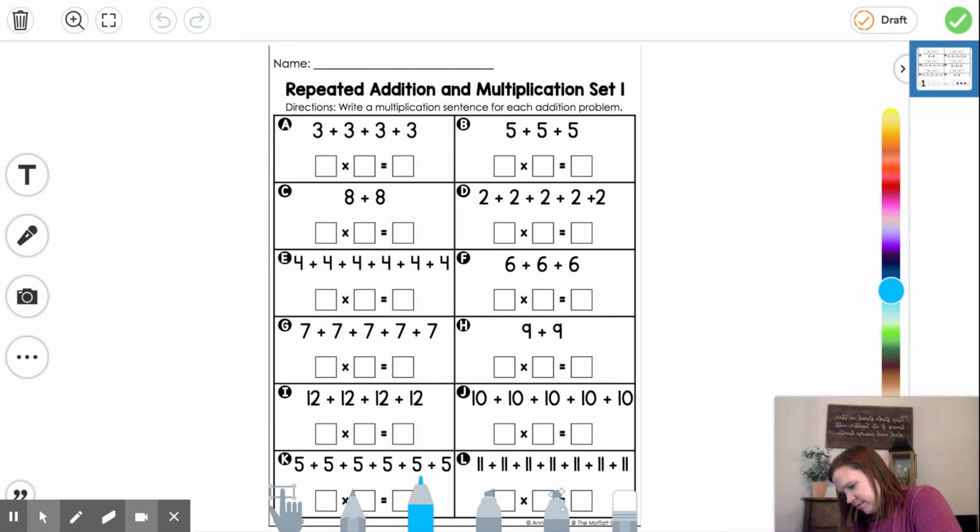I got some 12s here. I have 1, 2, 3, 4 groups of 12. And that equals 4 groups of 12 equals 48. And so for me, that is something that I know.